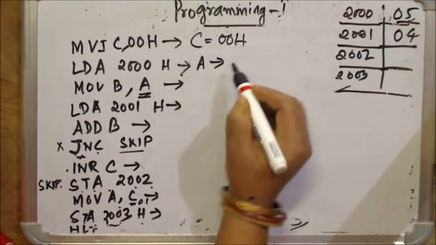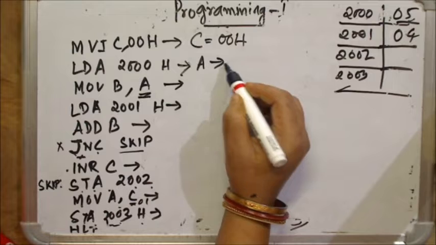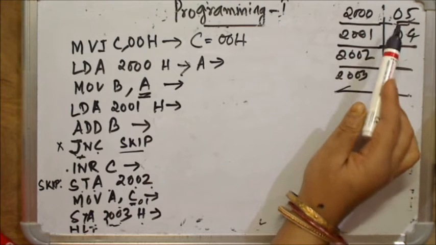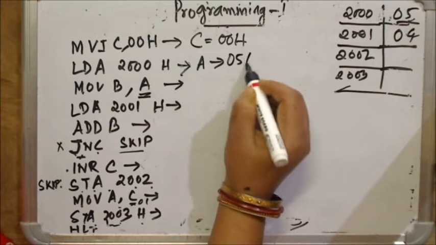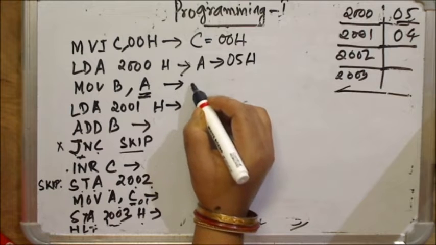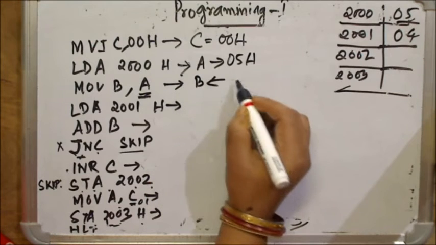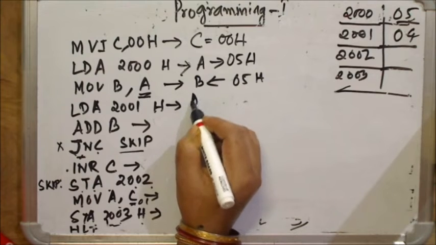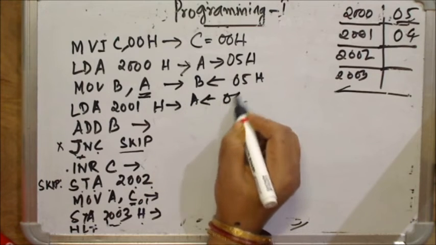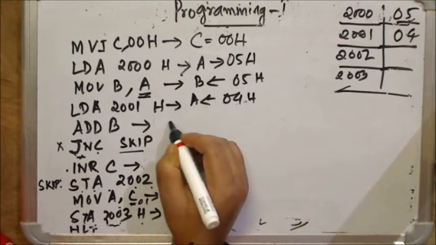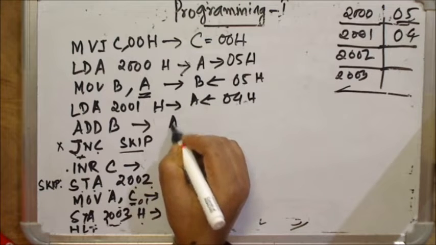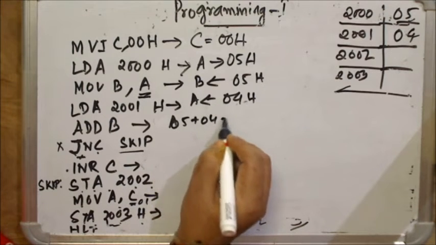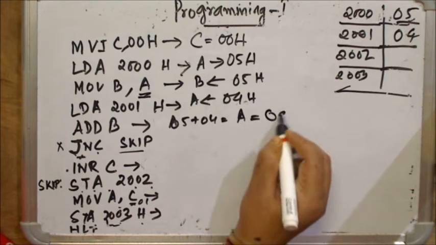A is loaded with the data of 2000H, so A is loaded with 05H. Then move B comma A. What is loaded in B? 05, right? LDA 2001, so A gets 04H. Then add B, so A plus B, 05 plus 04. The answer is stored in A, that is 09H.